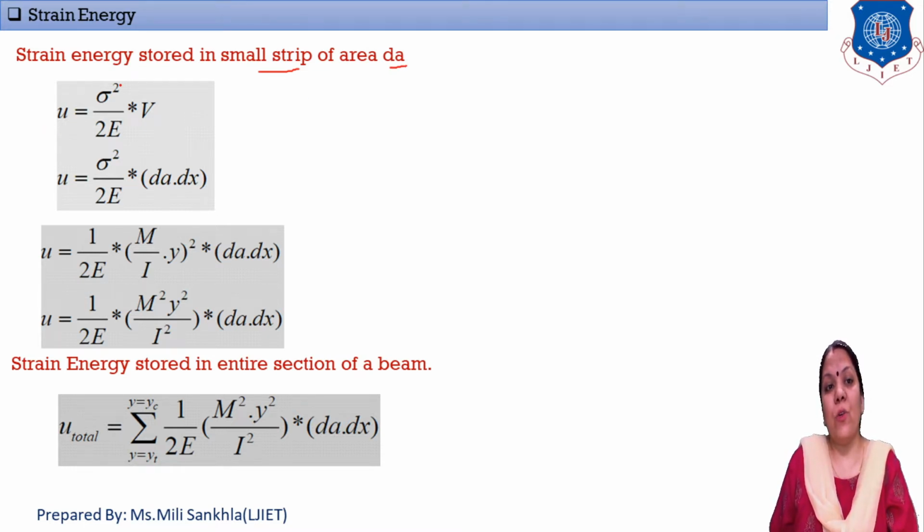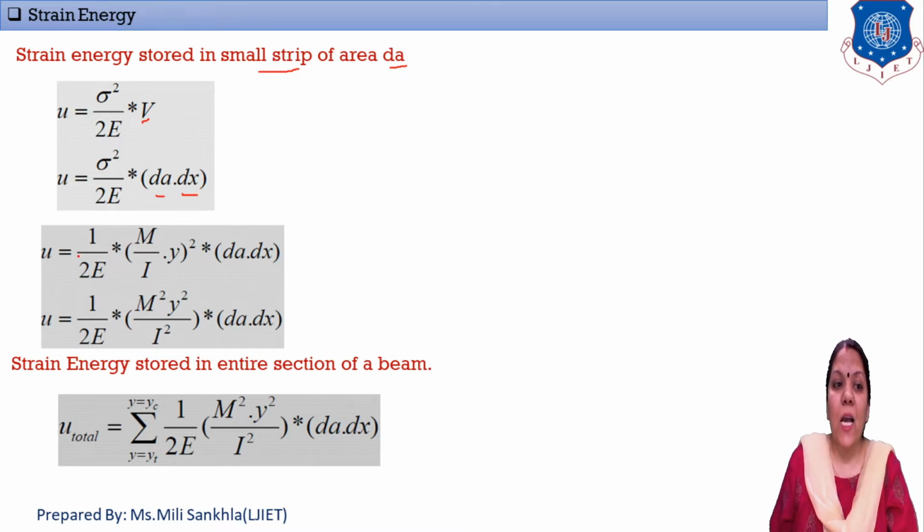U is equal to sigma square divided by 2E into volume. Volume is equal to area into length. What is the area of the strip? That is dA. And what is the length of this strip? That is dx. So here I write down dA and dx.